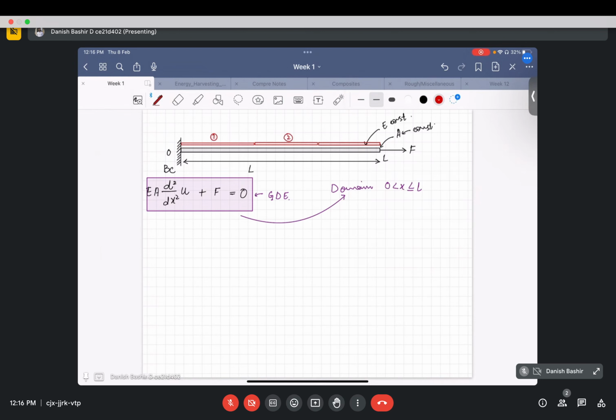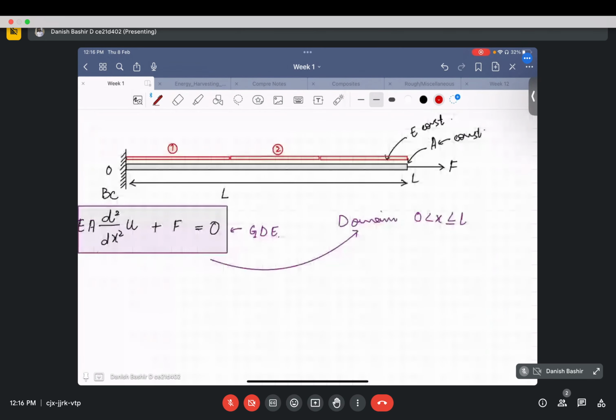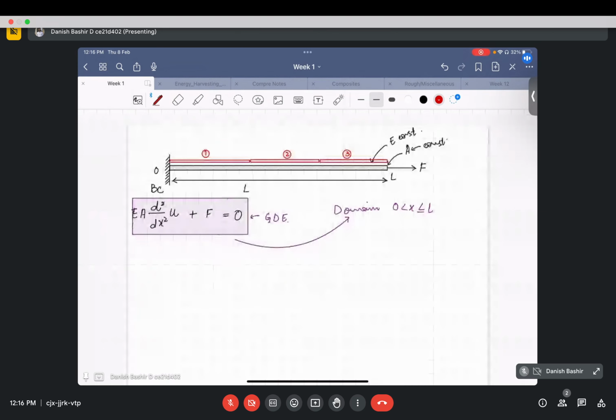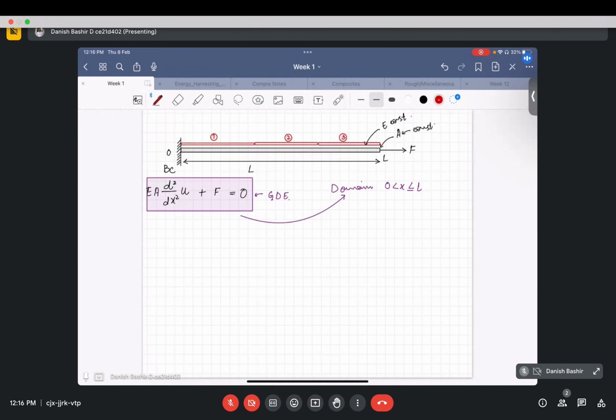Once I took three elements, I took this one small element only, and first discretized it, or divided the problem into a smaller number of elements.